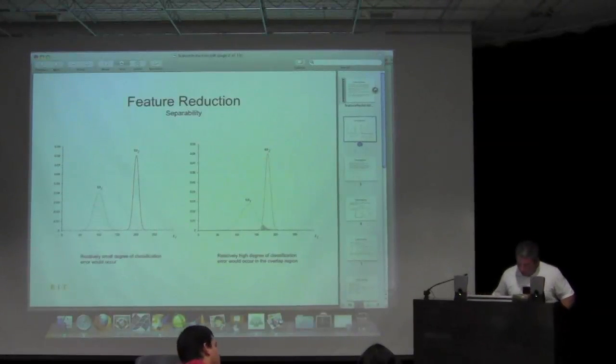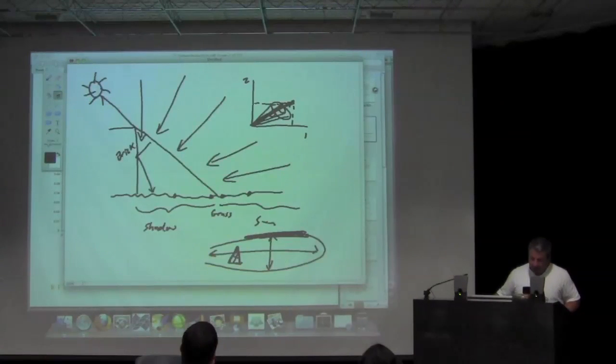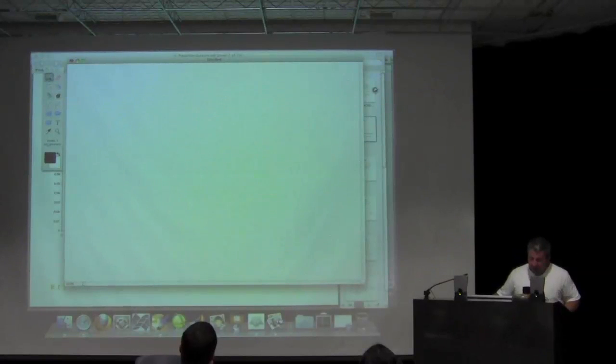All right, so if we go back to this concept of overlap in classes, let's look at a two-dimensional case here real quick.